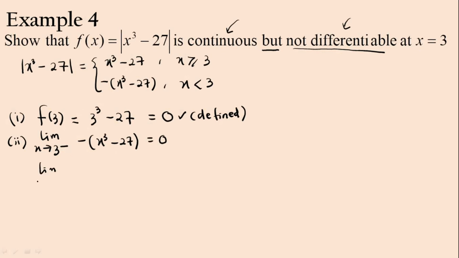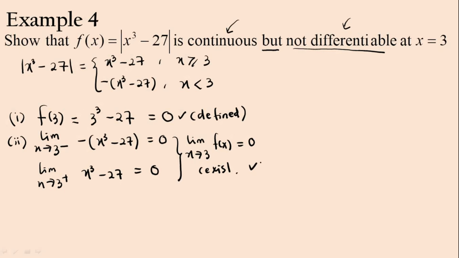And the limit as x approaches 3 from the right of x cubed minus 27, you will also get a value of 0. So we can conclude that the limit as x approaches 3 of f(x) is equal to 0, which means that our limit exists.